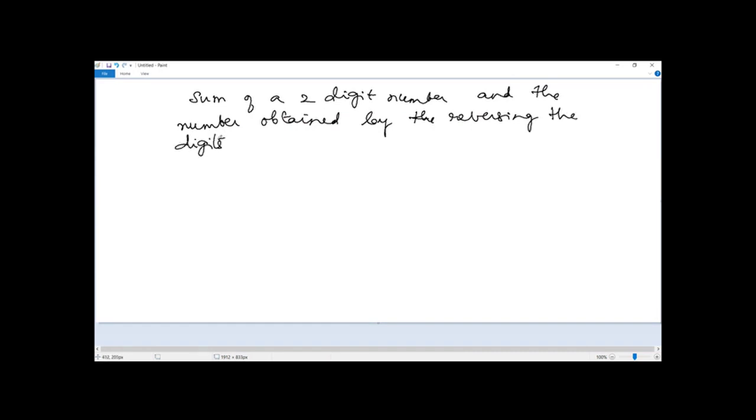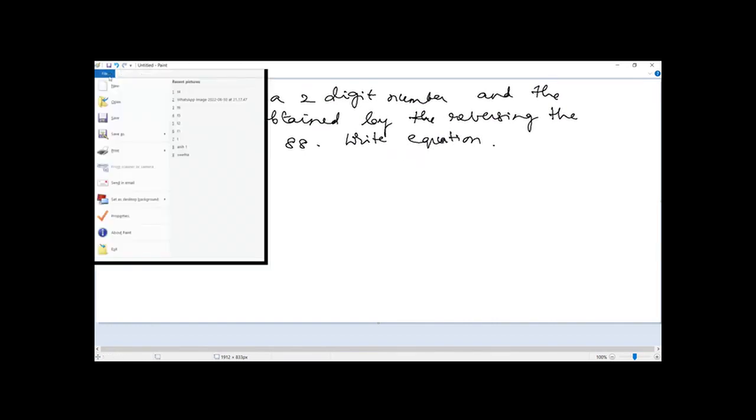Interchanging the digits. Write the equation.